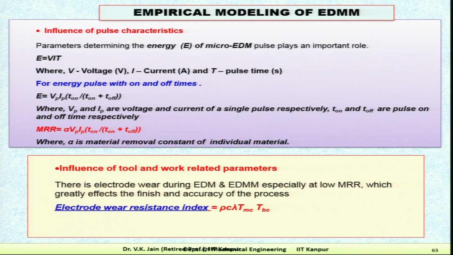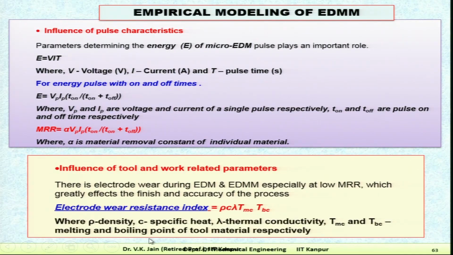especially the tool material electrode, is equal to ρCλ T_MC × T_VC, where rho is the density, C is the specific heat, lambda is the thermal conductivity, and T_MC and T_VC are the melting and boiling point of the tool material respectively.